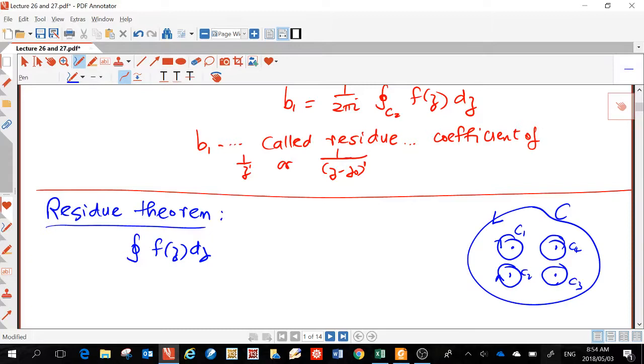This is going that way, this guy will go this way, and up there, this guy will go that way. So the small C's are clockwise, while the capital C is anti-clockwise. If you want to work out the line integral along C, the answer is exactly the same as working out the residues of each of these points. In other words, line integrals along the small C's, around the singularities.